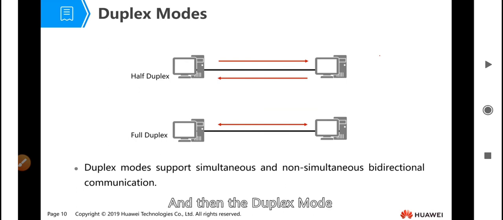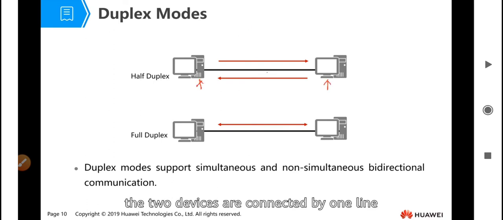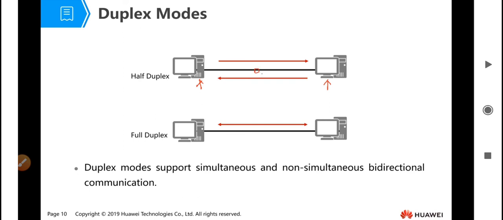And then the duplex mode. In this network, the two devices are connected by one line. Of course, the data must be sent and received between each other. But there are two modes.